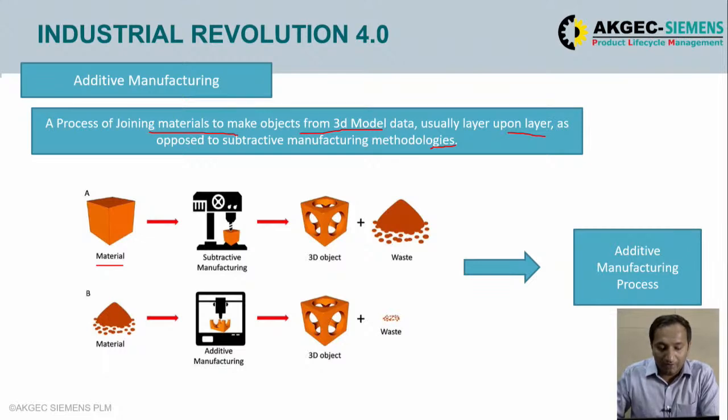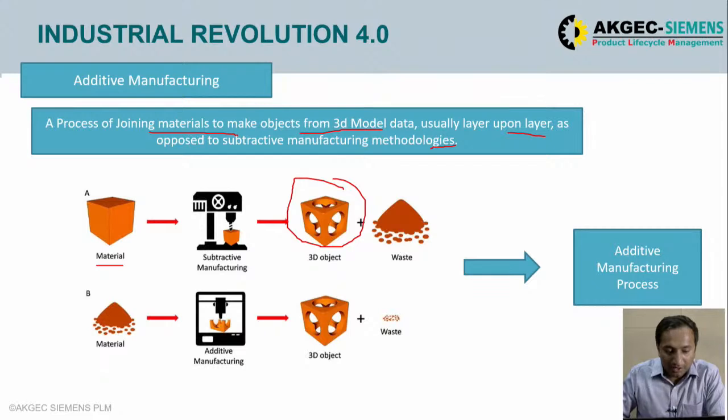In subtractive manufacturing, suppose we want to develop this kind of object, we take a material, put it through a manufacturing process, and we manufacture this. What we get is waste. Now if we talk about additive manufacturing, you use a material, put it through a 3D printing technology, or you can say put it in the nozzle, and you make this product with the help of the additive manufacturing process.